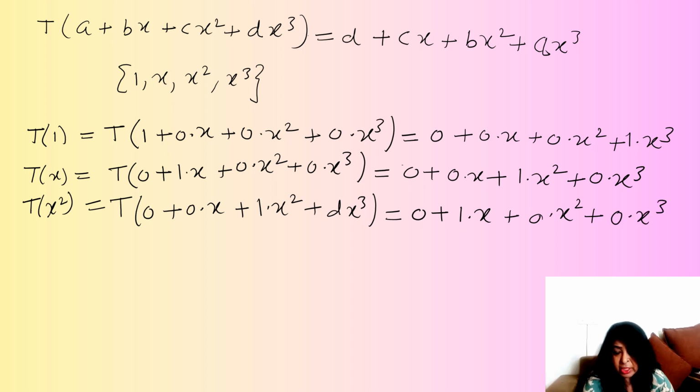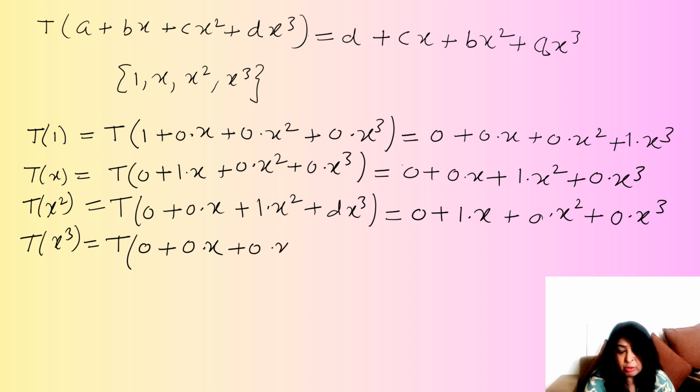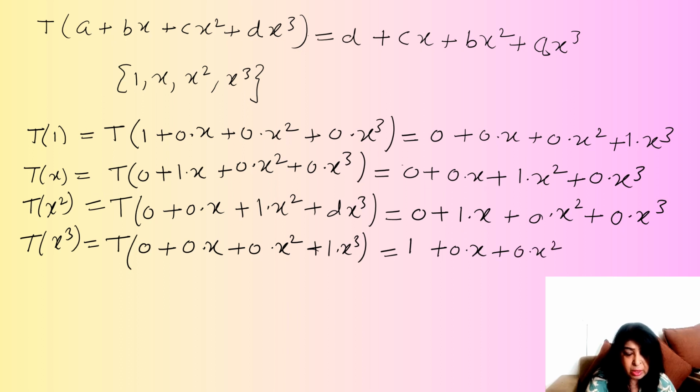Next we have T of x cube, where our d is 1. So this is equal to 1 plus 0 into x, 0 into x square, 0 into x cube.